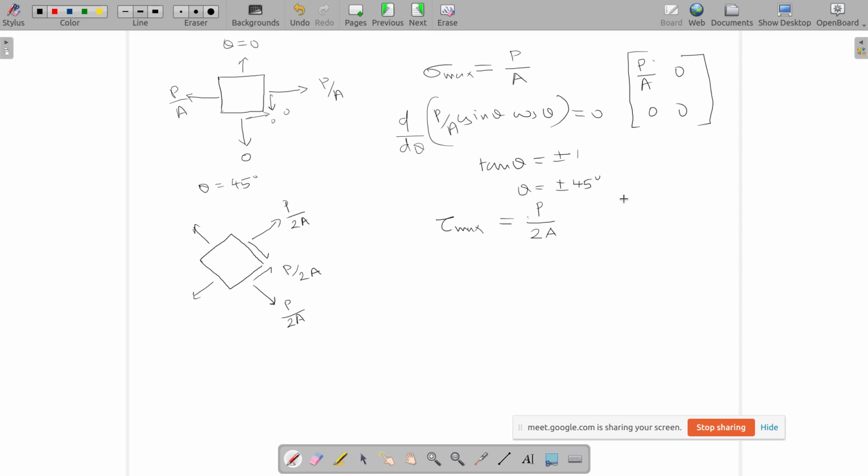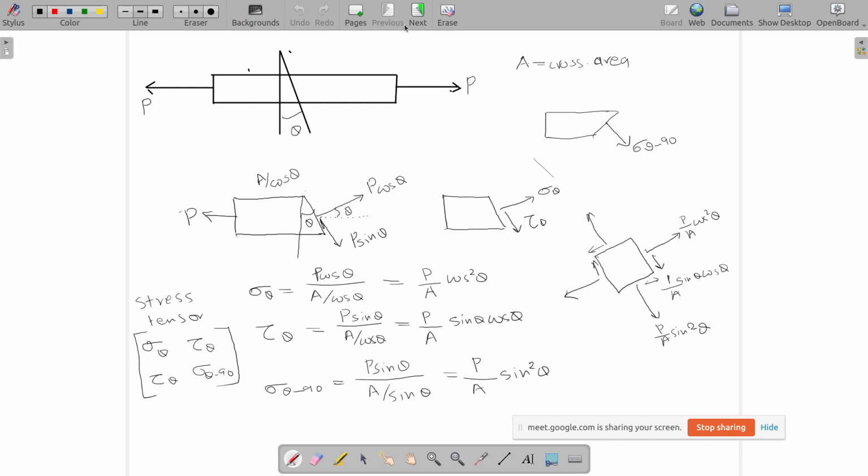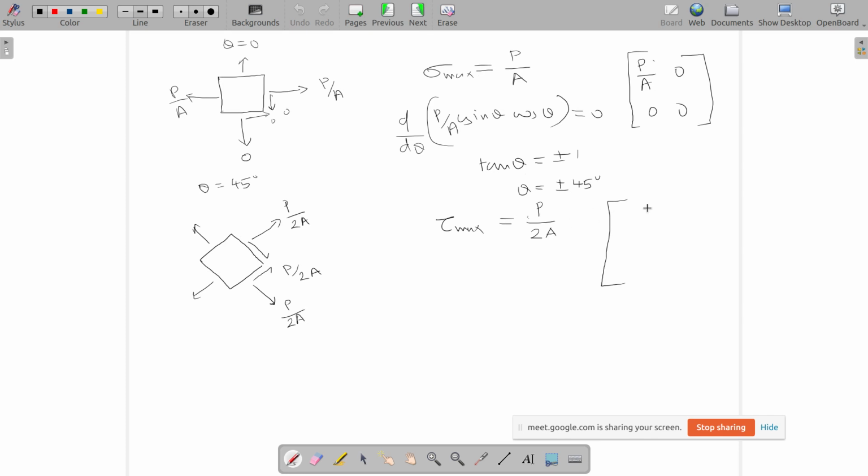And here in the second case, when theta is equal to 45, sigma theta is P by 2A, tau which is also tau max is P by 2A, tau xy is equal to tau yx, therefore P by 2A, and sigma theta minus 90 is also P by 2A. So all components are P by 2A here.